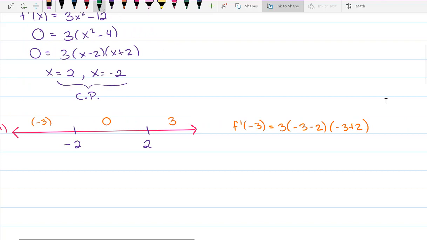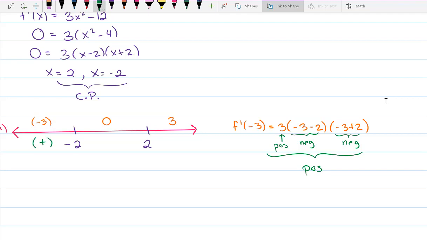So let's look at this. Right here, that's positive. This piece is going to be negative, and this piece is going to be negative. So a positive, a negative, and a negative is going to result in a positive. So from negative infinity to negative 2, the derivative is positive, giving us that the function is increasing.